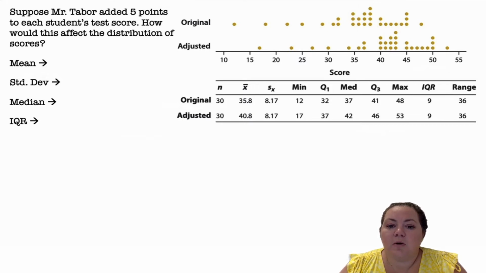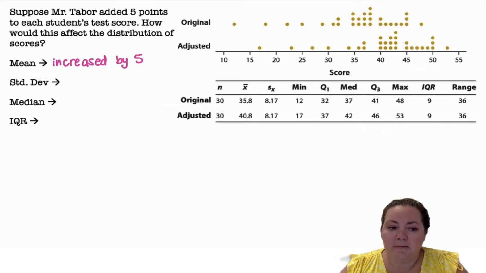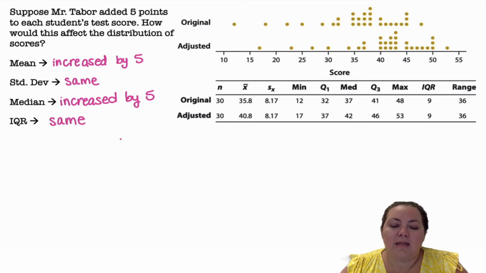And if you look, X bar is the mean, SX is the standard deviation. We have minimum, quartile 1, median, quartile 3, maximum, IQR, and range. And the mean increased by 5. The standard deviation stayed the exact same. The median increased by 5. And the interquartile range stayed the exact same. So if I'm adding a constant, it's going to impact the mean and the median, but not my measures of spread.